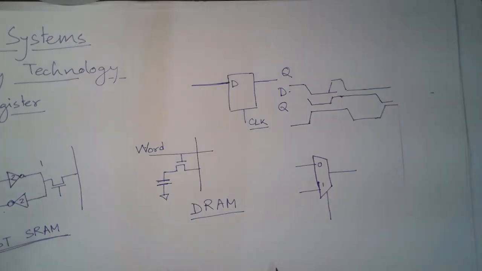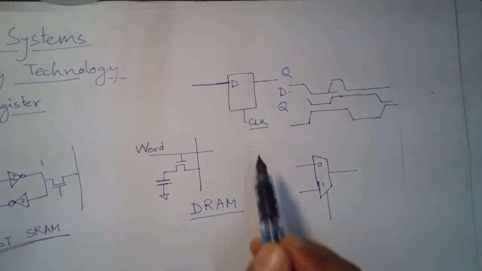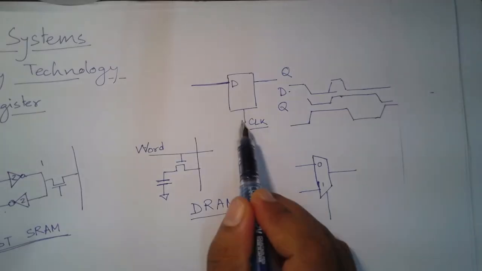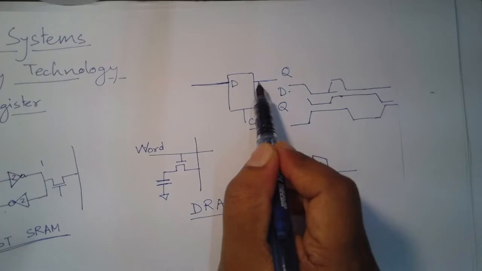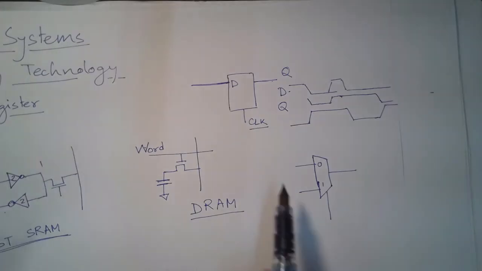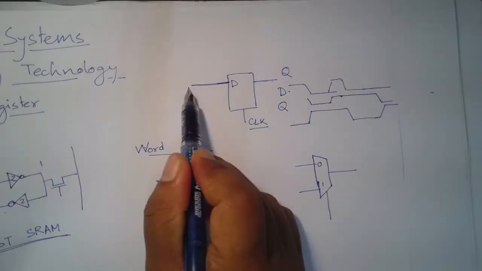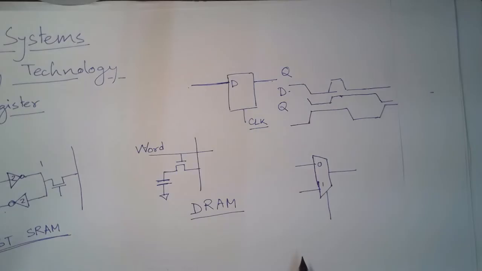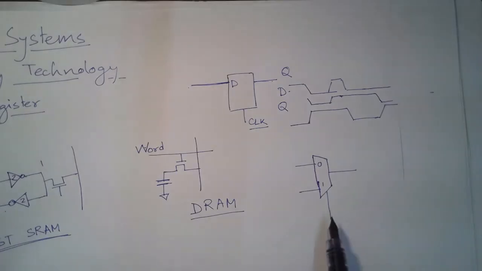Now, look at what is happening. I have this clock signal, and the clock signal is deciding what will be my output. And what are the possibilities I have in the output? I can directly get the input as output, or I can get whatever was the last value of input as my output if the clock is low, right.